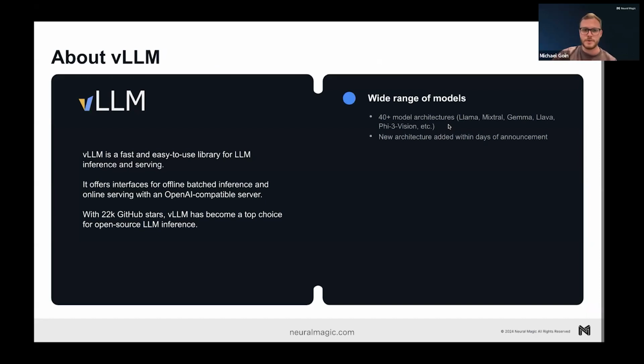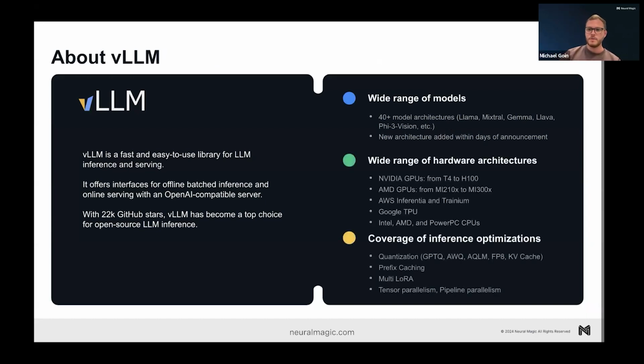For those of y'all who don't know, here we'll talk about vLLM. It's easy, fast, and frankly, the most used open source LLM inferencing library, or rather kind of serving library. It has interfaces both for offline usage, for batch processing just in pure Python with the LLM engine, for getting really good batched token throughput.